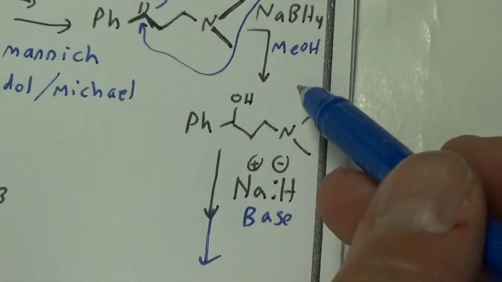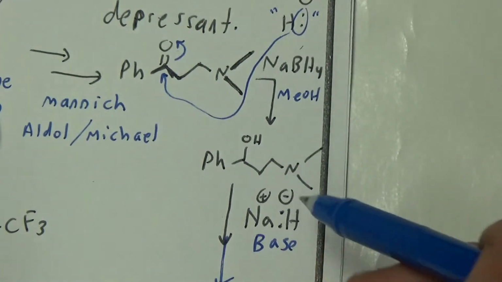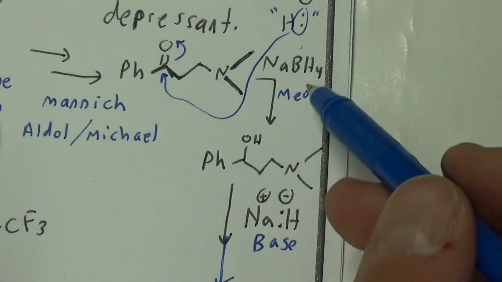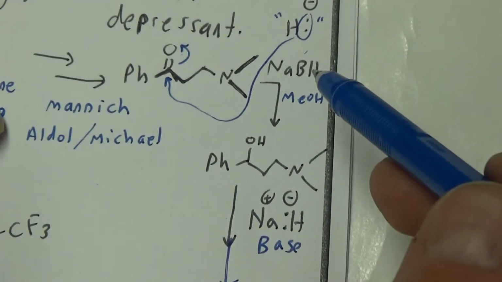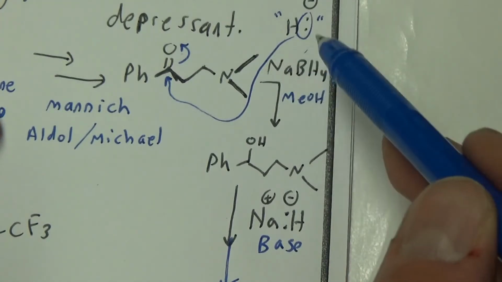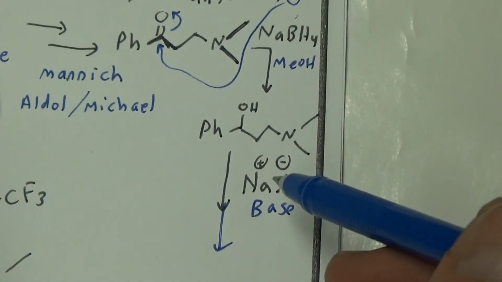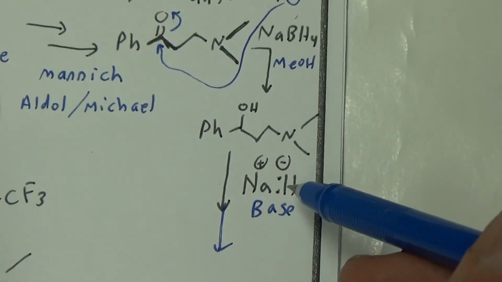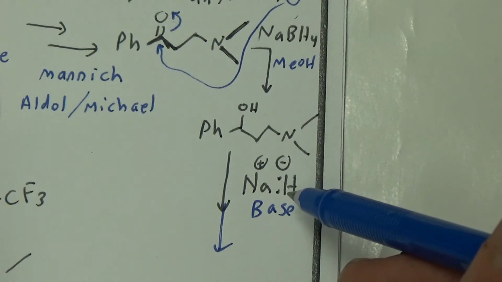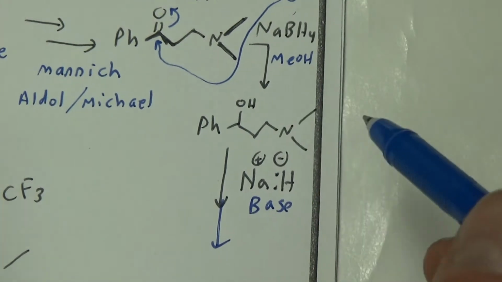It's weird how this is kind of an H minus that does one thing, and this is an H minus that does a different thing. Remember that NaBH4 is like a nucleophilic H minus that attacks a ketone, whereas NaH, Na plus H minus, is a basic H minus, and it does base stuff like take the proton off the oxygen. Okay?